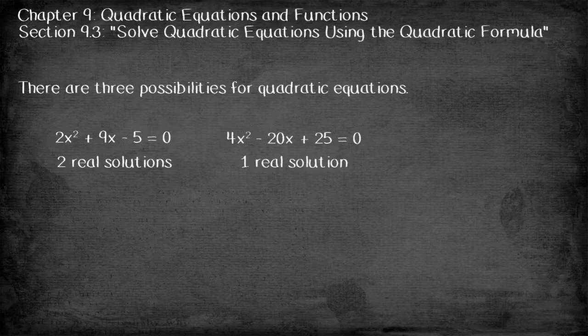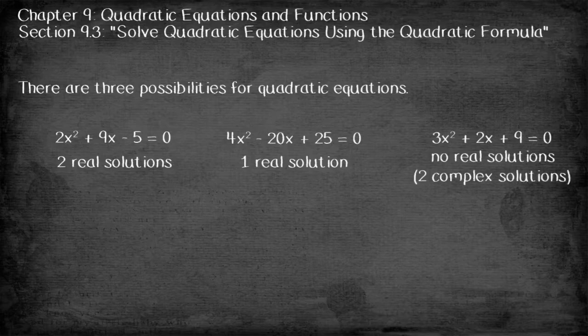Meanwhile, there's only 1 real solution for this quadratic equation. And it's also possible to have a quadratic equation without any real solutions, which would really mean that they have 2 complex solutions, but we're not worrying about complex numbers. So you can just really think of it as no real solutions.